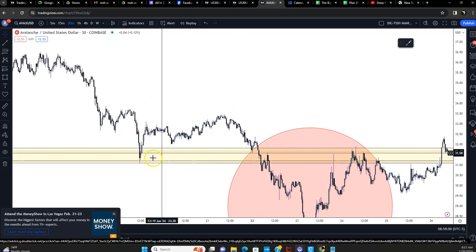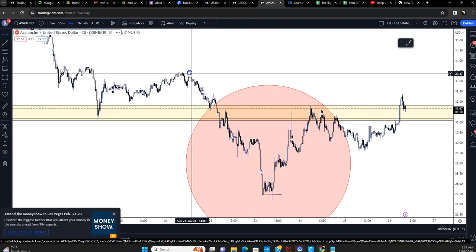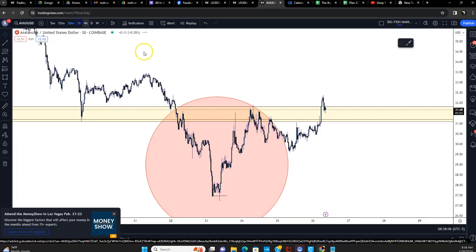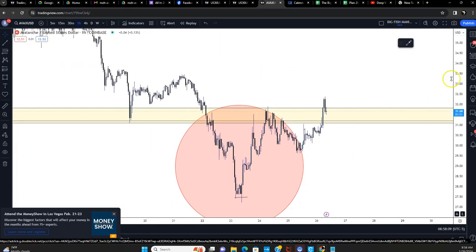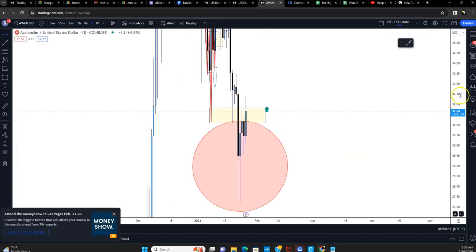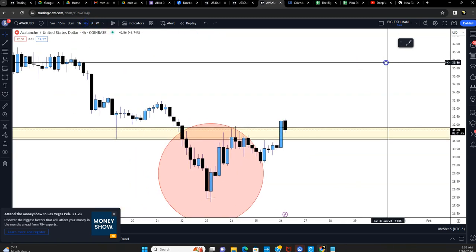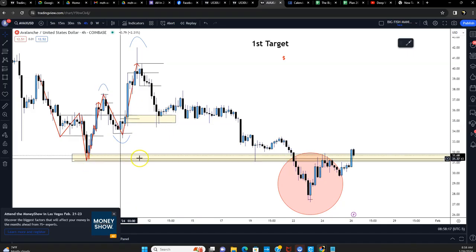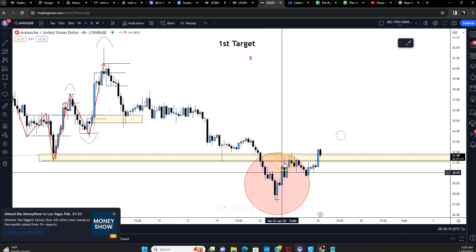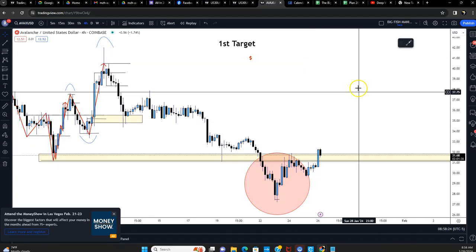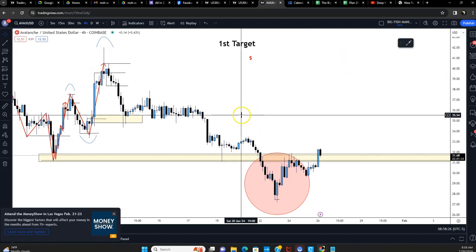Even this minor move. But this is a higher time frame move right here. Manipulation. This is manipulation, right? Market structure shift. And it's projected to go up, right? So this is just an example of what this is.